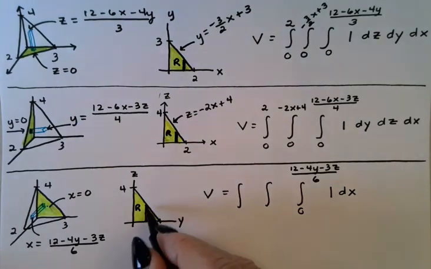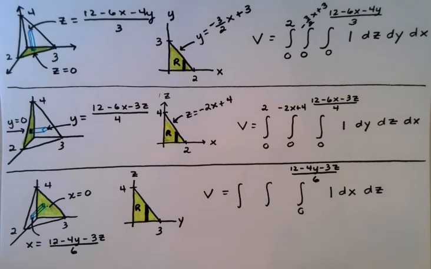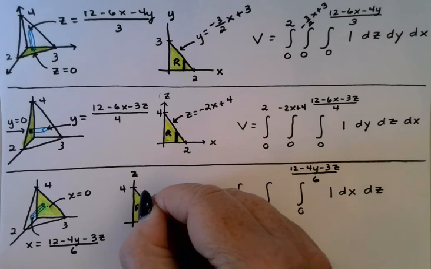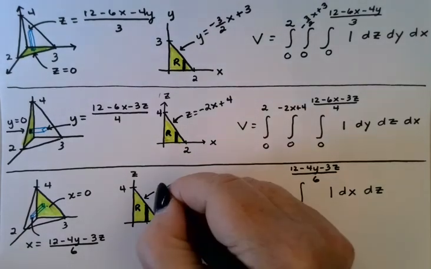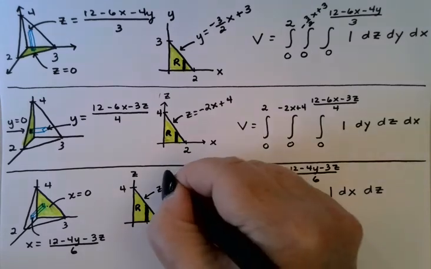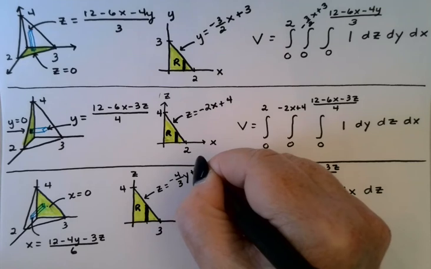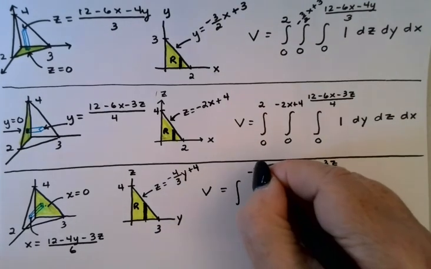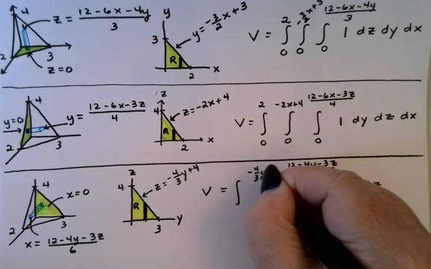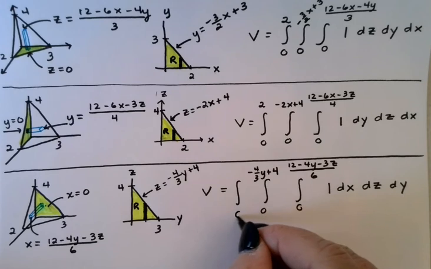Since I did vertical rectangles here, that means I'm doing dz next. And let's see, bottom would be z equals 0. I need the equation of that line. z equals a slope of negative 4/3 y plus 4. And then I'm doing dy last, and y goes from 0 to 3.